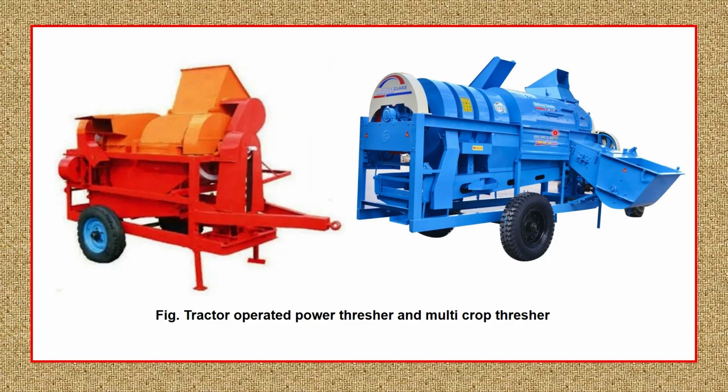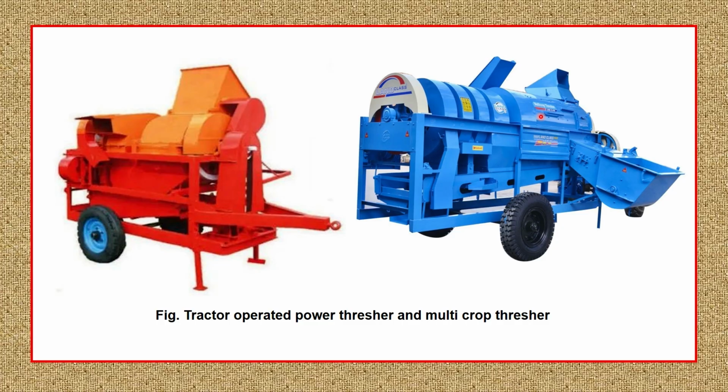Through that restricted passage the material is allowed to pass, and while passing through it, the plant will experience a beating action, in addition to a rubbing action, and because of that beating action and rubbing action, the grains get detached out of the plant material.